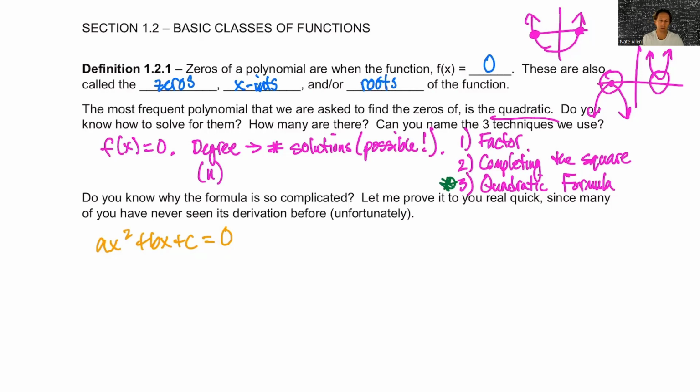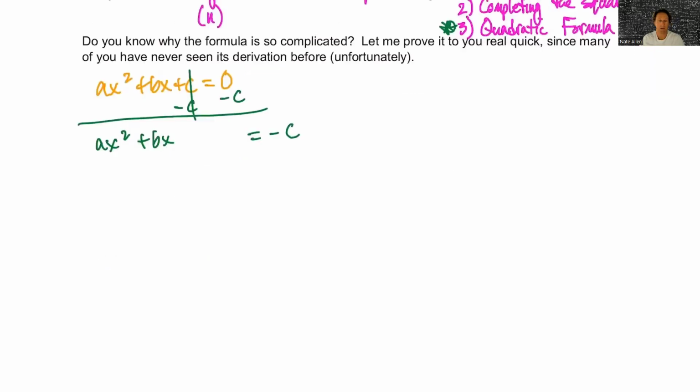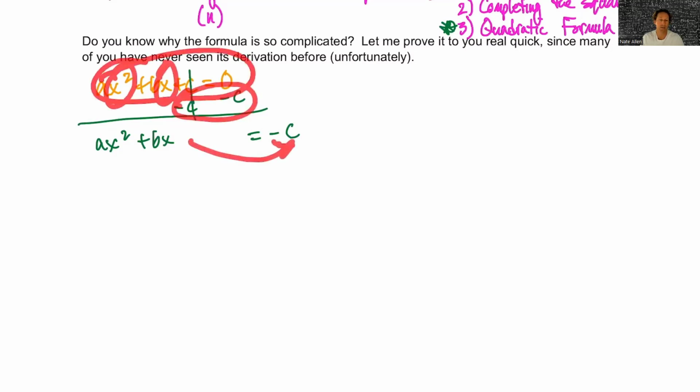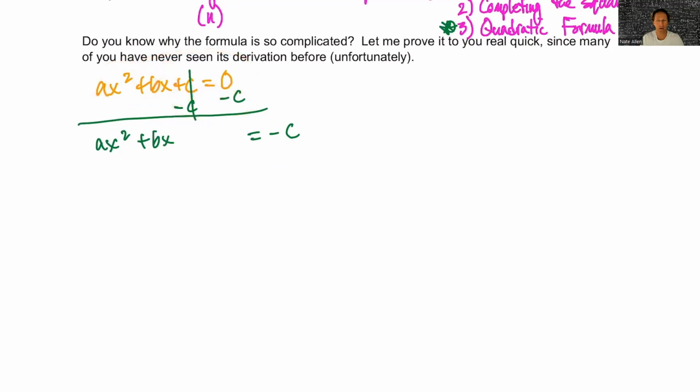So first thing I'm going to do is I'm going to get rid of that c. I just want the x's on this side. So now you can see that I instead no longer have it equal to 0, but I'm going to try to solve this equation for x. So I got rid of that and moved it over because I don't know how to factor this because I don't know what a, b, and c are.